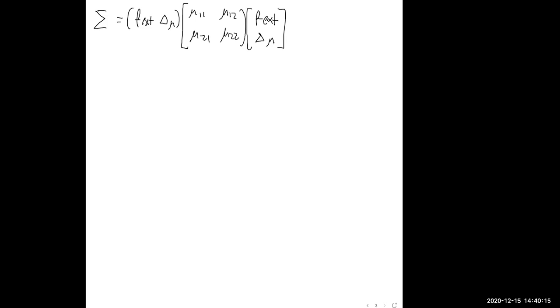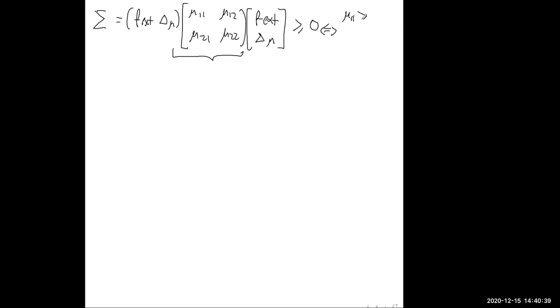This is entropy production. Because of the second law, this must be positive. So this implies constraints on this matrix, such that this multiplication is always positive.